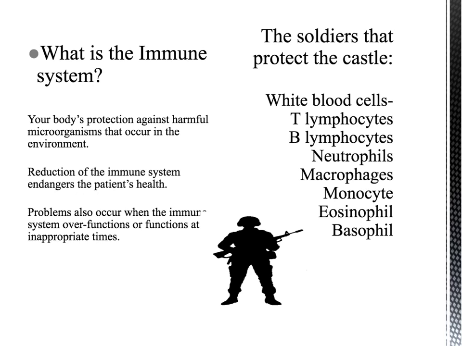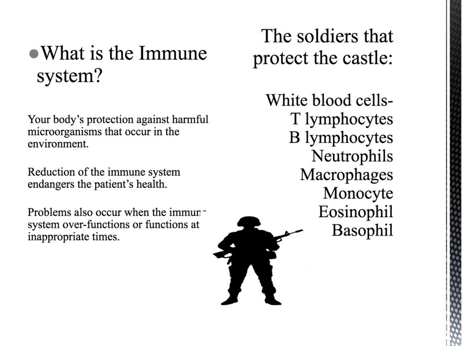The mechanism that we have as far as cellular is white blood cells that have very differentiated, different types of cells underneath the umbrella term of white blood cells. Those are your T lymphocytes, your B lymphocytes, neutrophils, macrophages, monocytes, eosinophils, and basophils. If you ever hear a provider say that they want a complete blood count with a differential, that's what it will provide for you.